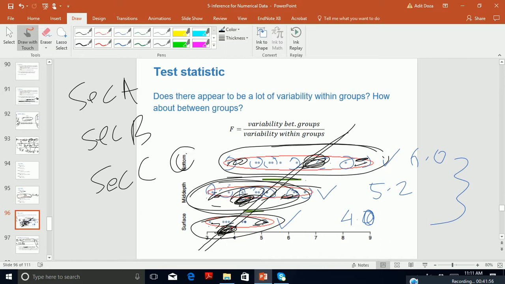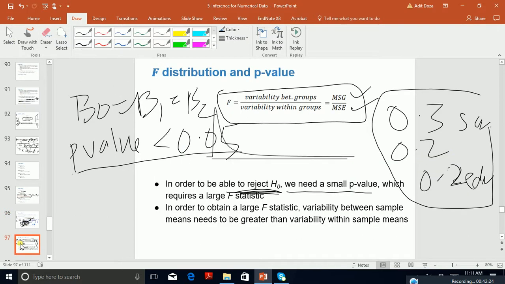So variability within the group is smaller and variability between groups would be larger. Then the department should try to implement, like, give webcast lessons or something like that to reduce the variability within groups. Also, it will help reduce between groups.